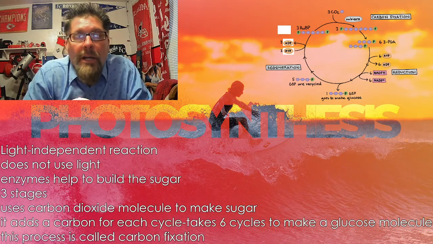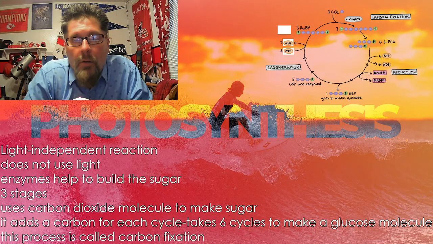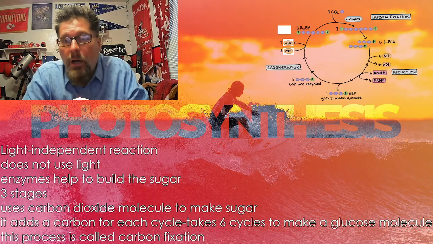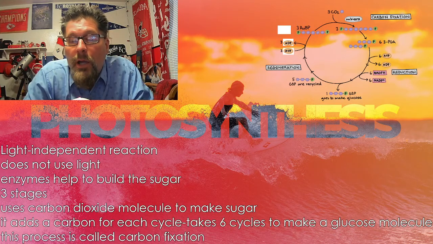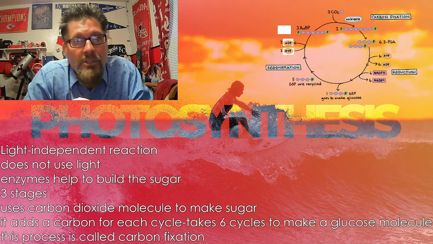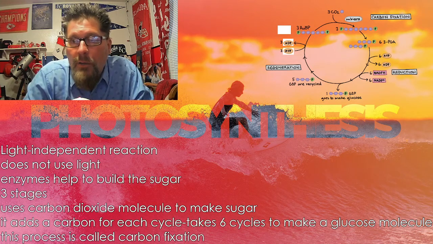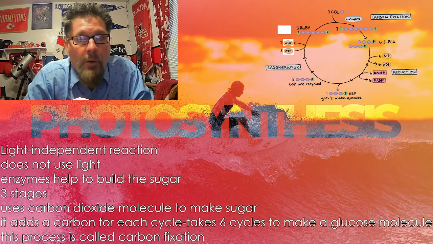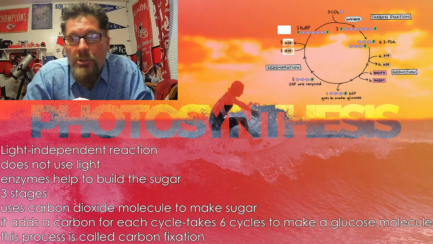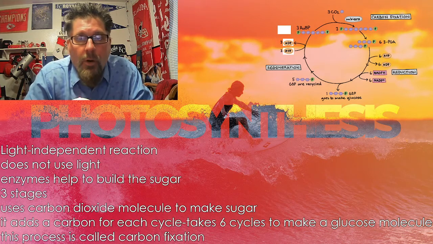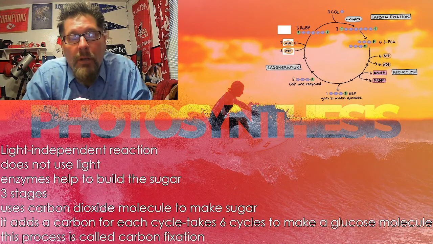Okay, so the light-independent reaction, better known as the Calvin cycle, again, you can see that it's circular, just like the Krebs cycle was. And what you're going to see is that the steps aren't similar as far as what actually is happening, but the overall process of what's happening is very similar. This time the main difference is that now we're building a molecule. So we're still going to be having our redox reactions, to where one molecule gets reduced, one molecule gets oxidized, but it's the opposite.